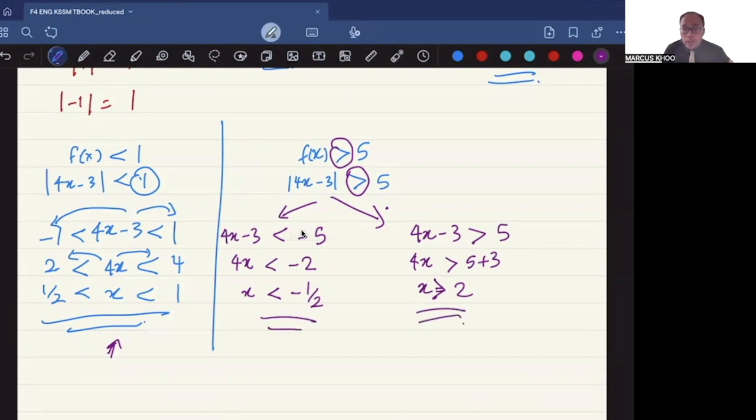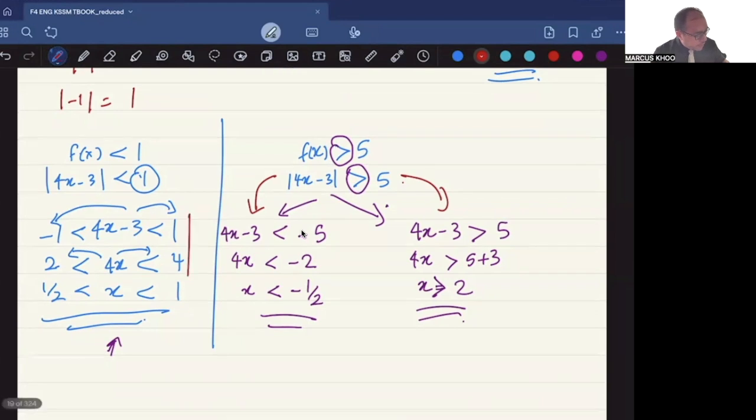Now I know that maybe for some of you this is very new, especially with this modulus thing. What is actually new is this part, this part where you open the modulus, that is actually the new thing in AdMaths. Everything down here are things that you should have learned and remembered in Maths Form 3.